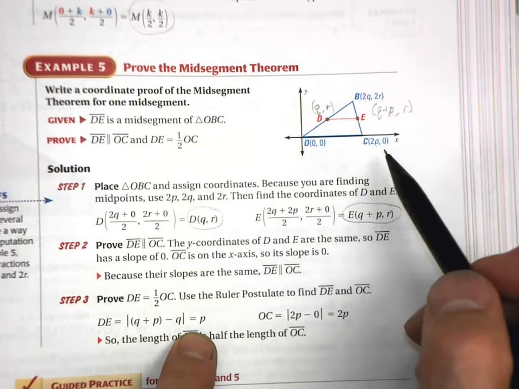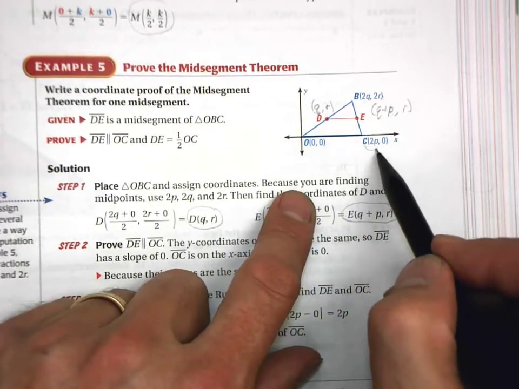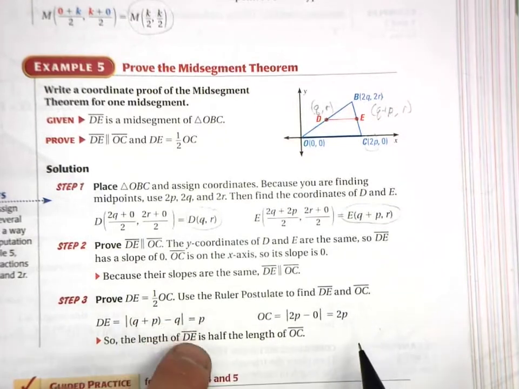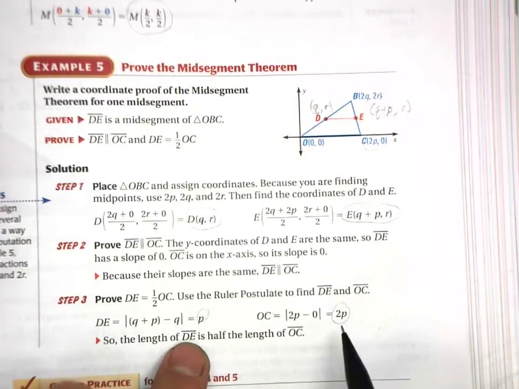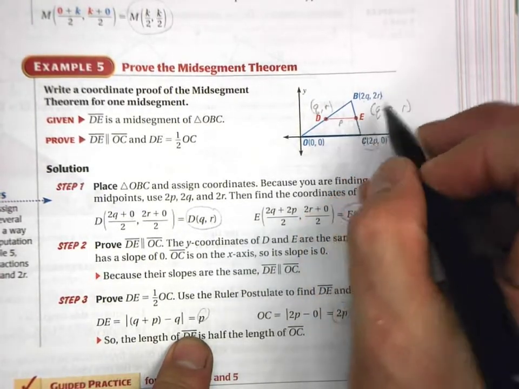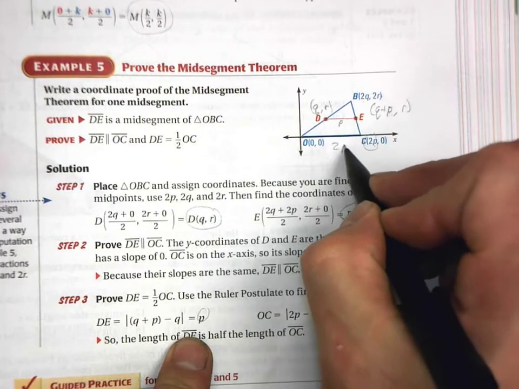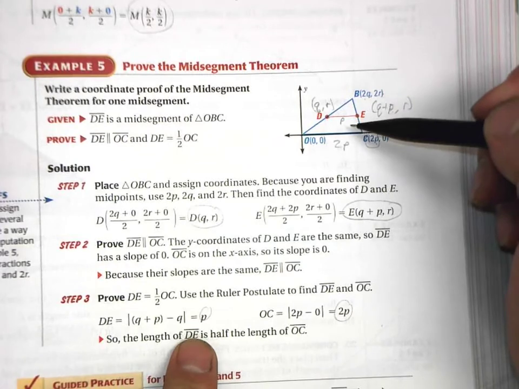And then the distance from O to C is going to be 2p. Notice that the length on the top here is p, and the length on the bottom one is 2p. So it does not matter what numbers we plug in there.